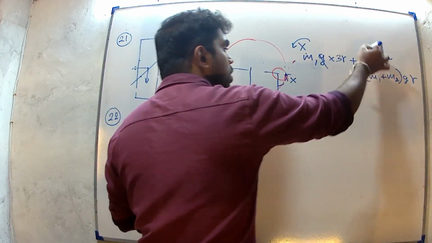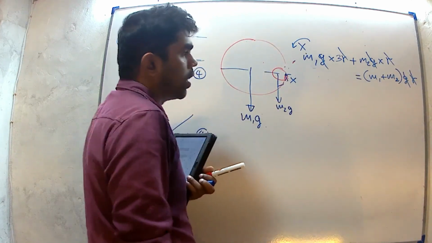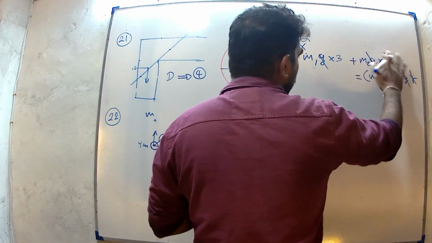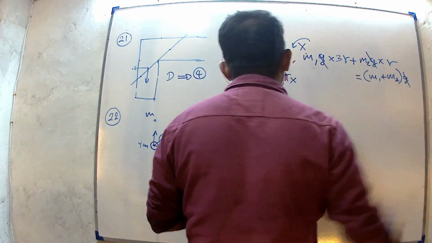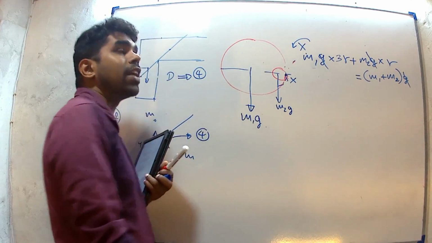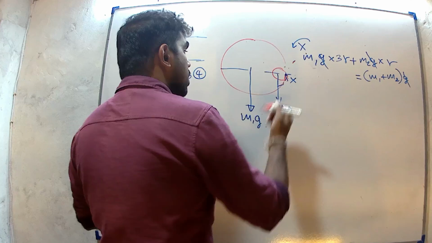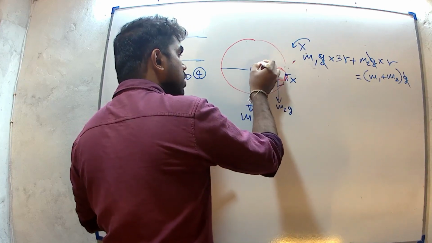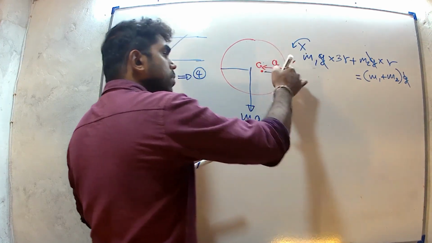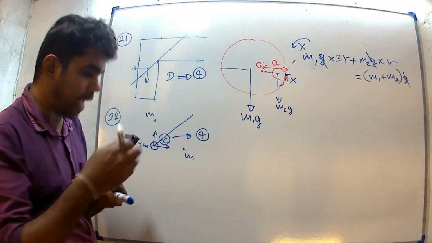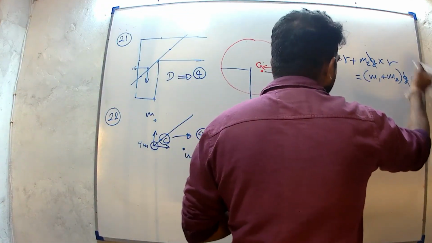We can cancel out the G term. We have to get the distance of the resultant from point X. I will consider it as a point like this, the center of gravity. Then the distance from point X to the center of gravity of the system is simply A. Then we have to multiply by A.